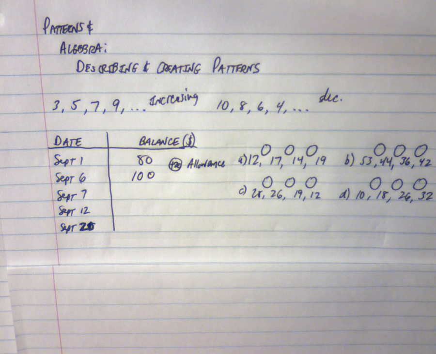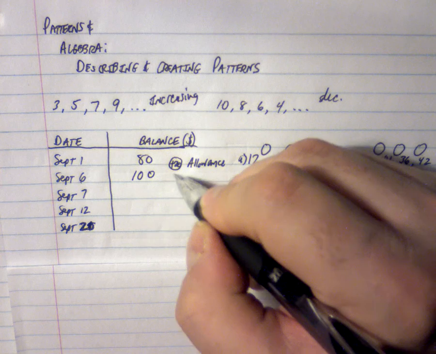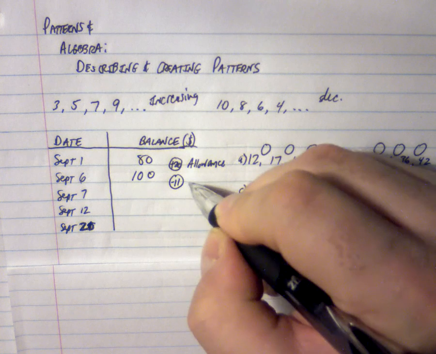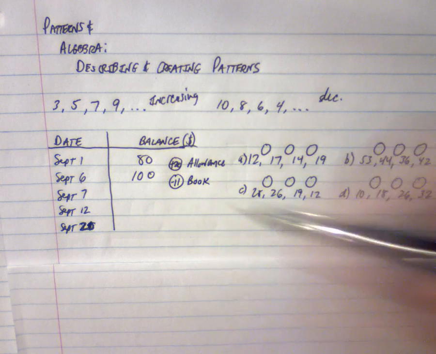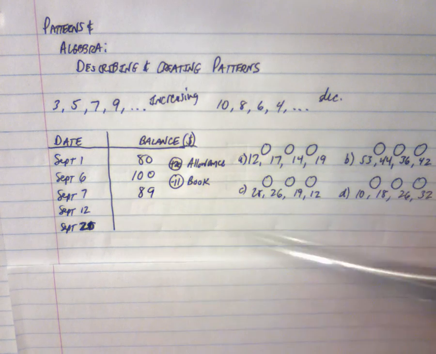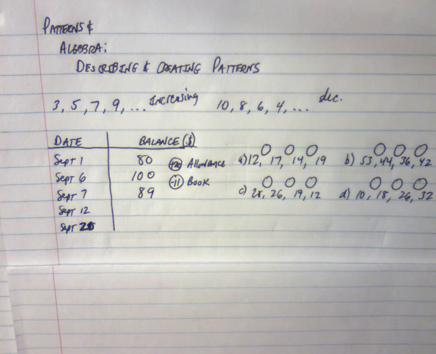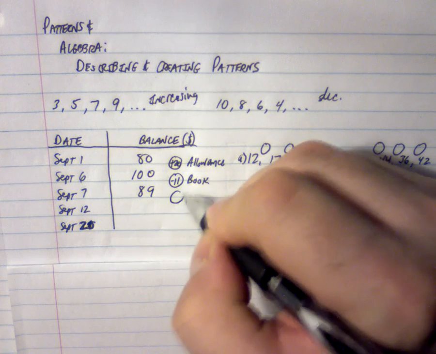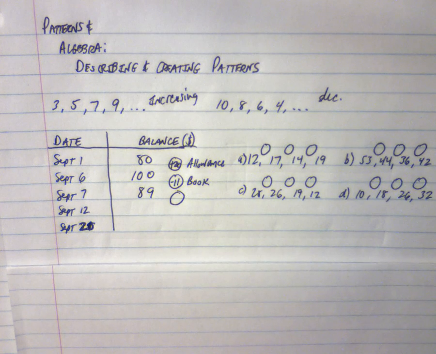So Bob's going to buy a book. He spends $11 on his book, and we need to figure out what's left in his account. If you came up with $89, you would be correct. Now, Bob sees that the newest movie's coming out.